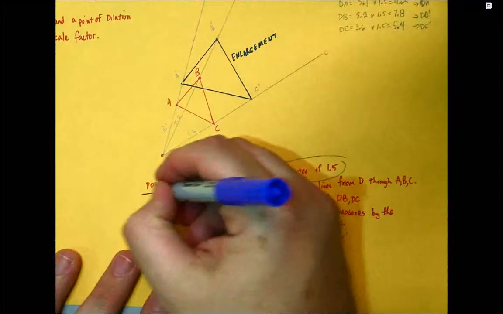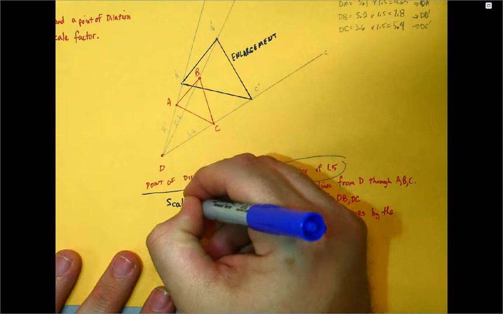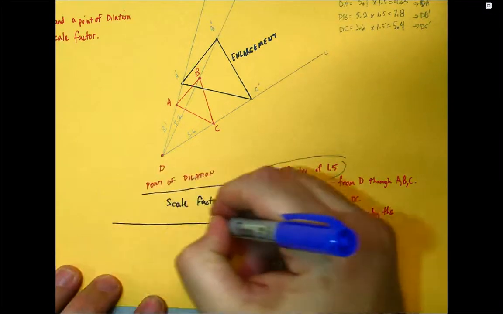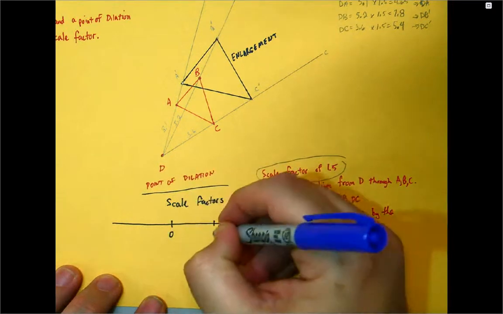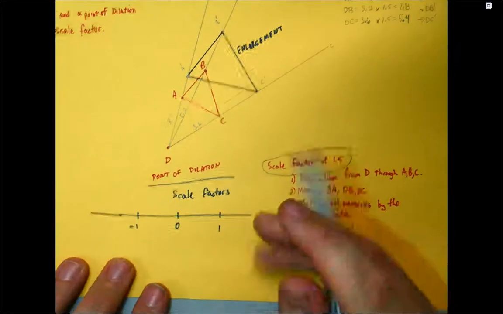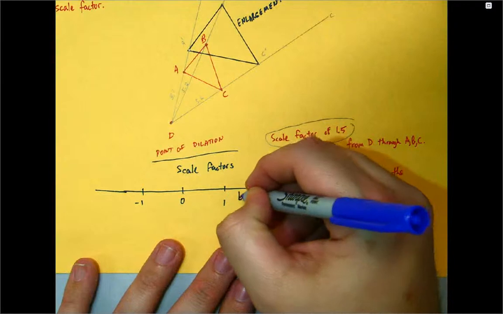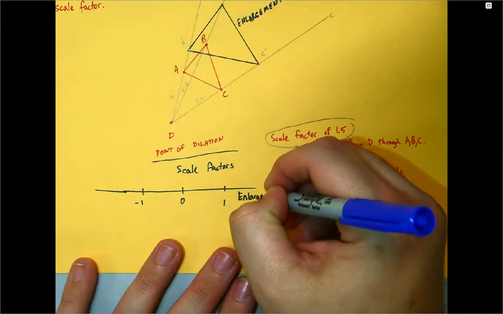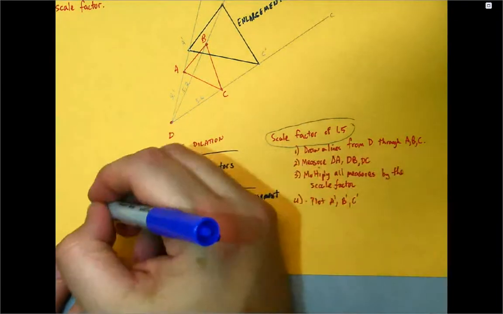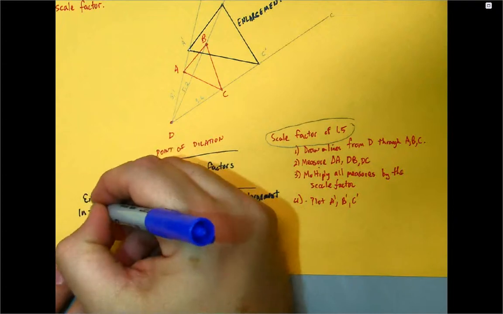Scale factors. Now, if it's greater than 1, it's an enlargement. If it's less than -1, it's an enlargement in the other way.